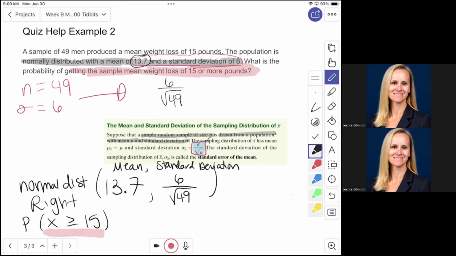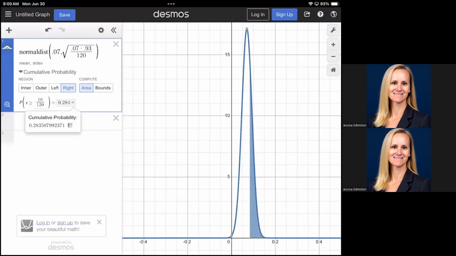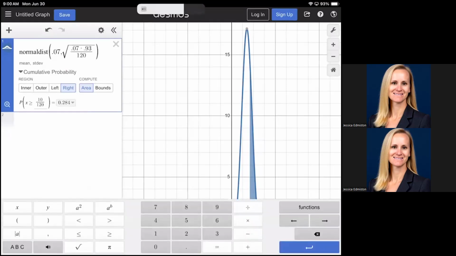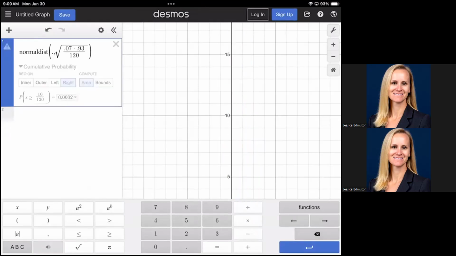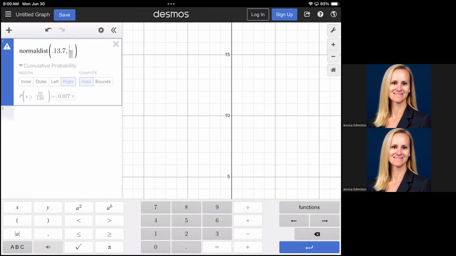All right, so let me go back to Desmos, and I'm just going to edit it. That might be a little simpler. So I'm going to delete this part. I'm going to put 13.7 for my mean. And then over here, let me get rid of some of that fun stuff. I have the fraction key, and then I'm going to have 6 over the square root of 49.